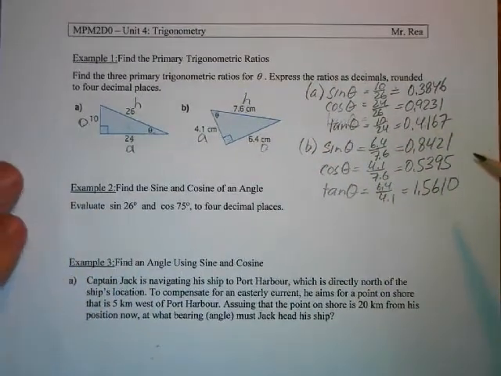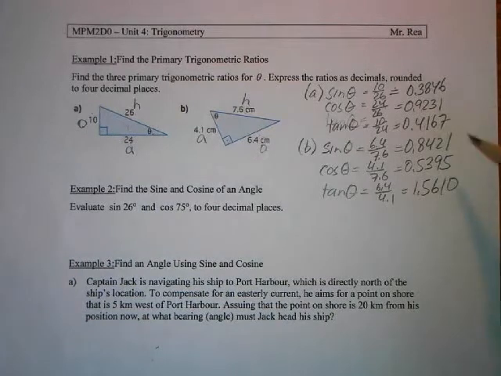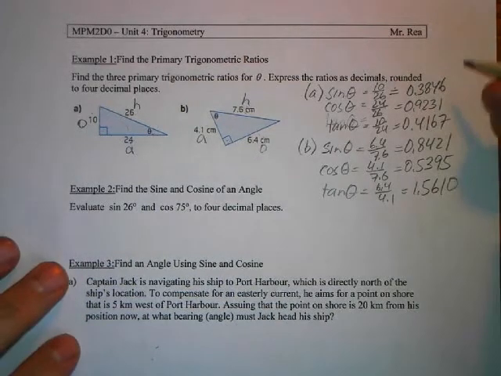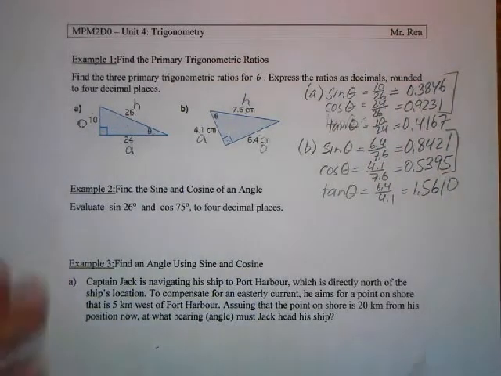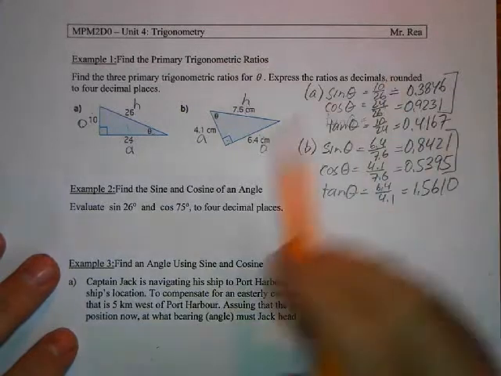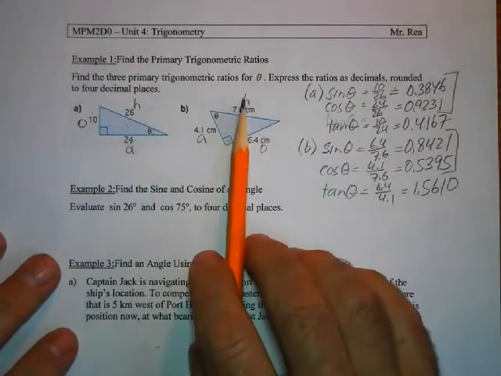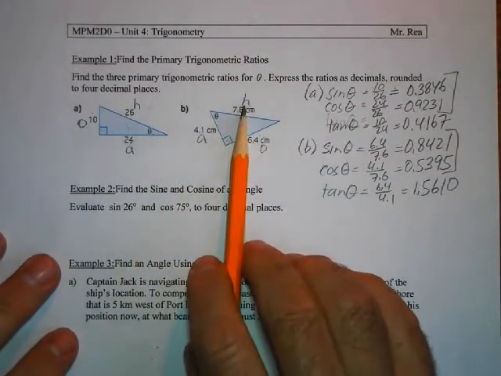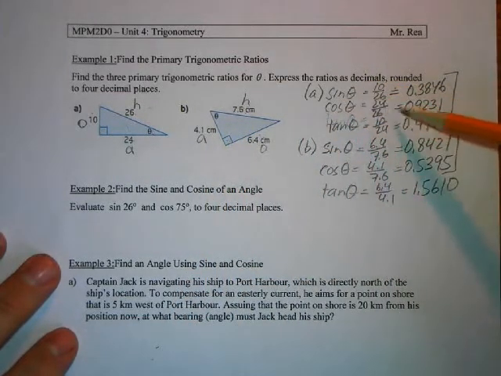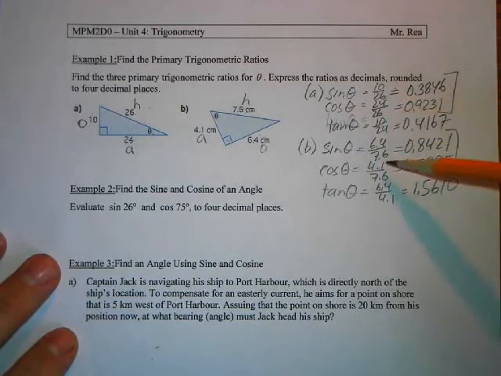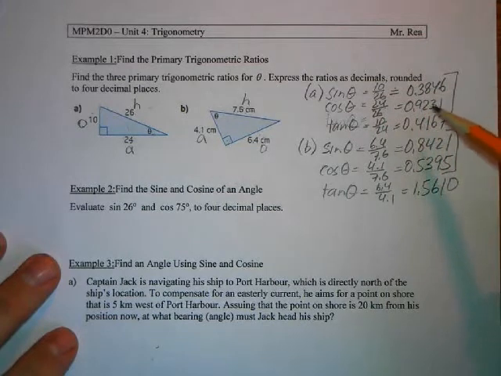Now you might look at this and go, how would I know if these are right? Well, for 2 of them, the sine and the cosine, you can actually know possibly if you did something wrong. Because you always know the hypotenuse has to be the biggest side, right? So the sine and the cosine both have the hypotenuse on the bottom. So if I ever got a sine or cosine ratio of 1 or bigger, that would tell me something went wrong.